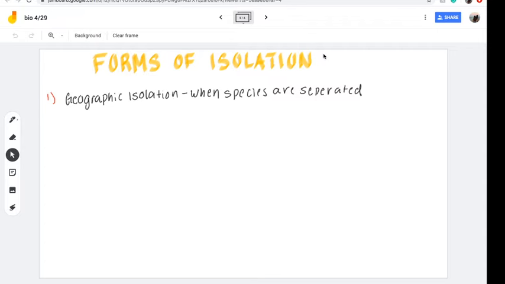Next, we have polyploidy. This is a type of mutation that results from errors during meiosis.